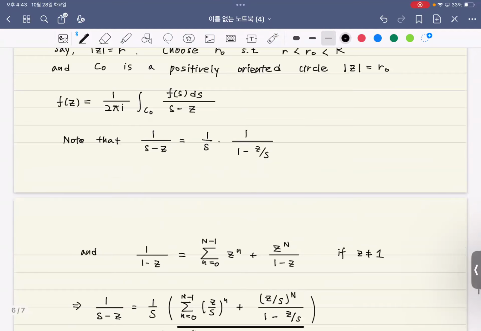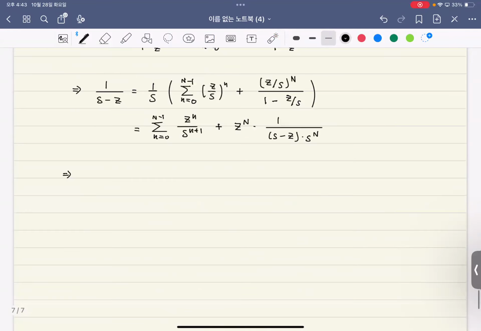Now I want to compute this integration right over here, the integral over C0 of f(s) ds over s minus z.